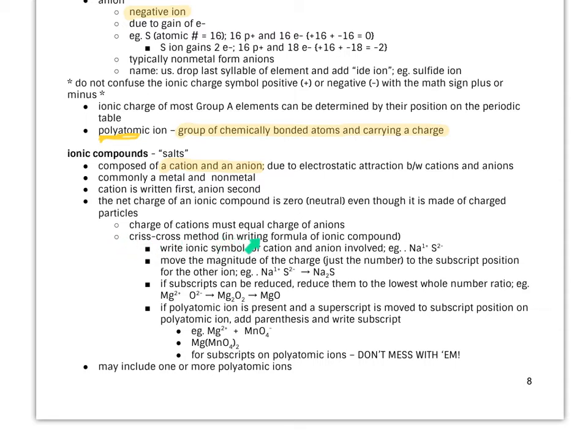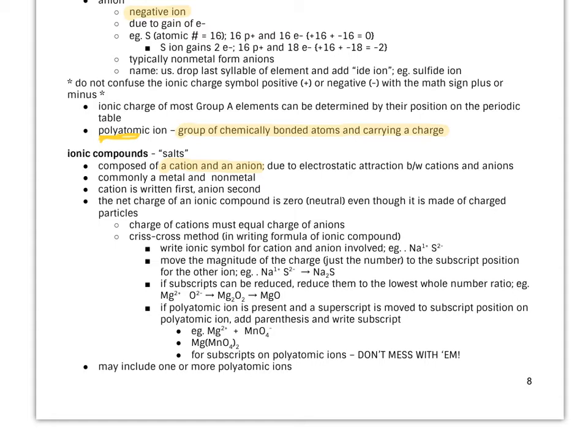So, we use the crisscross method when we write ionic compounds, or you can call it a chemical square dance, because basically, if we have sodium sulfide, so remember sodium has a 1 plus charge and sulfur has a 2 minus charge, you are going to move the magnitude of the charge, which means just the number, to the subscript position for the other ion. So let's write that out here.